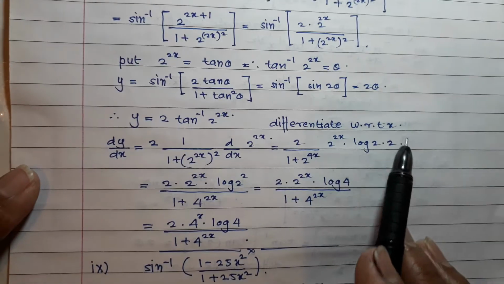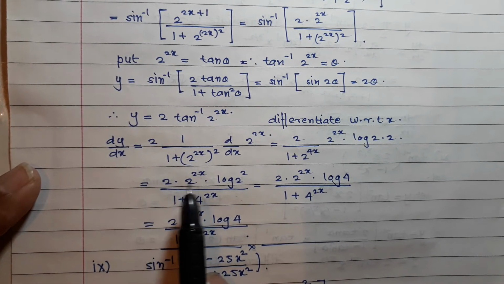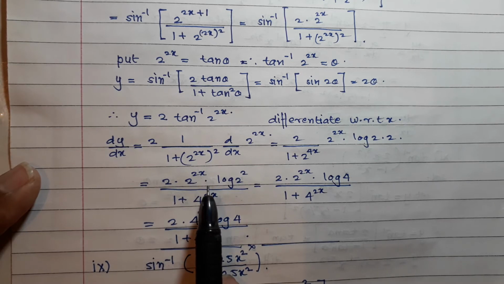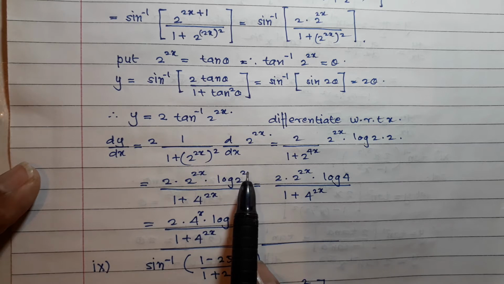Okay, so therefore dy/dx is equal to 2 into 2 raised to 2x into log 2 square.